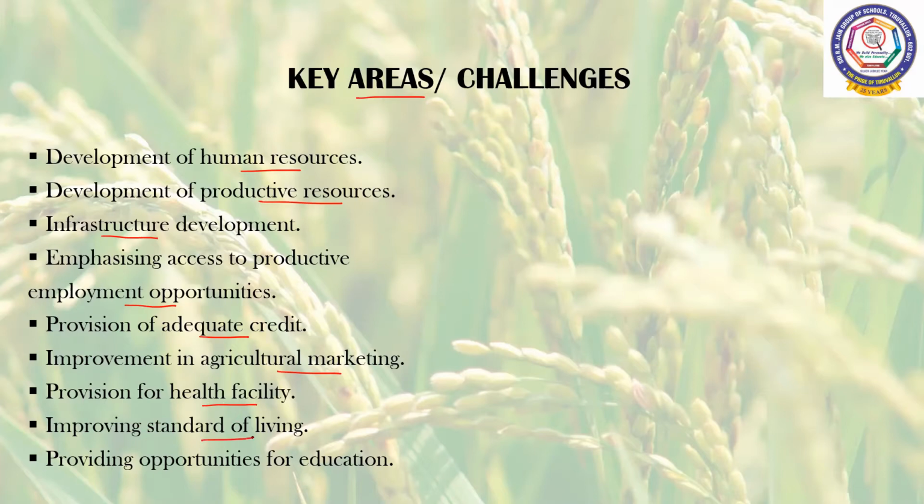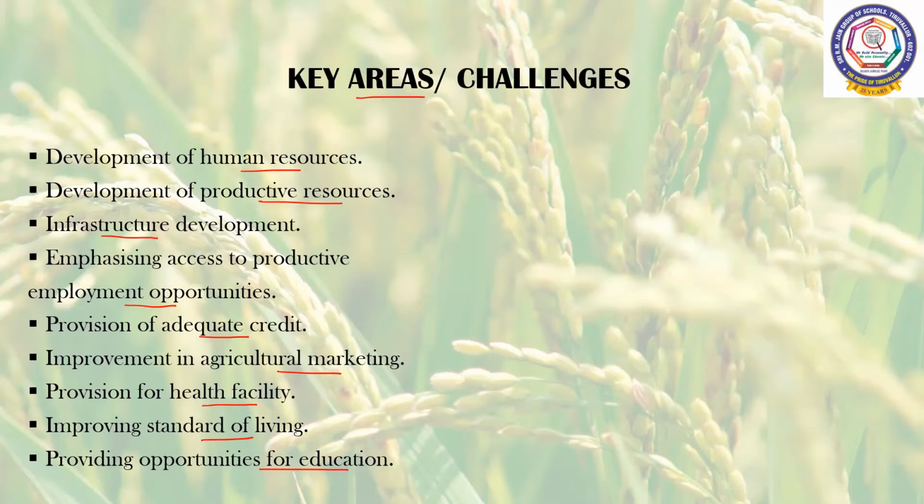Improving standard of living. Improvement in the living conditions of the weaker sections of the people residing in rural areas should be taken care of. And the last challenge is providing opportunities for education.